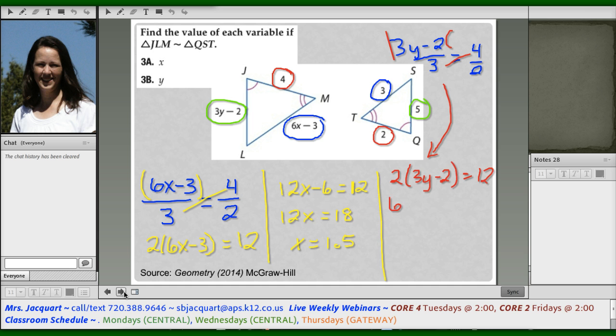So 6y minus 4 equals 12. Add 4 to both sides. 6y equals 16. And y equals 2.6 repeating. Cool.